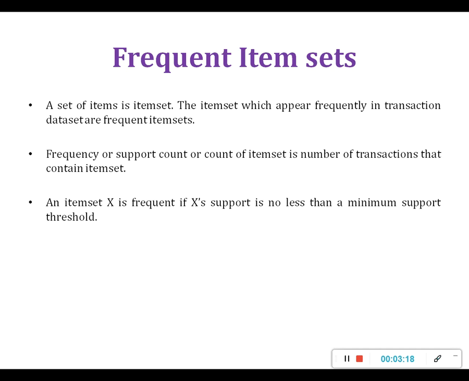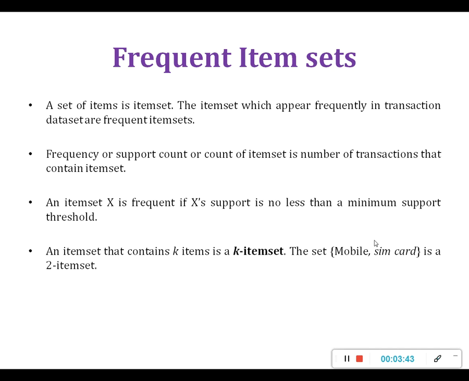Its support should not be less than the minimum support, meaning the support number or frequent count we find out should be greater than the minimum support threshold. So this is all we check for the frequent item set.